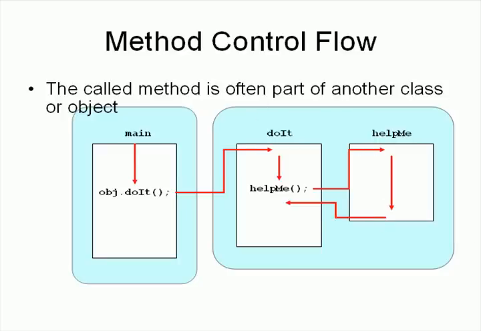The helpMe method processes the data and returns it to the doIt method. The doIt method then uses those results and returns it to our main, which is back in our client. doIt would be public, helpMe would be private.